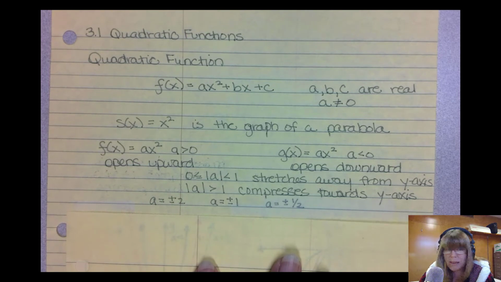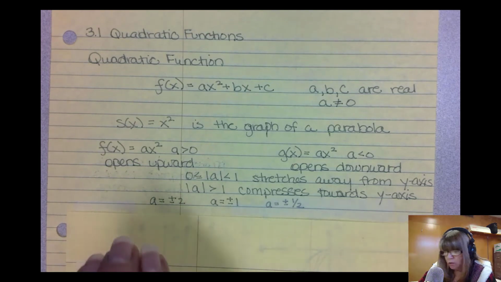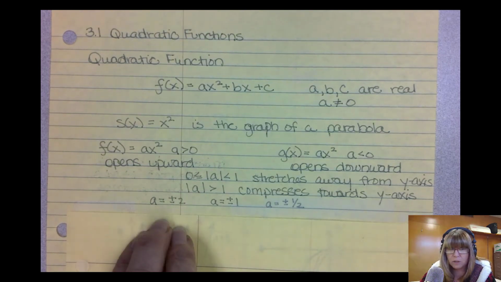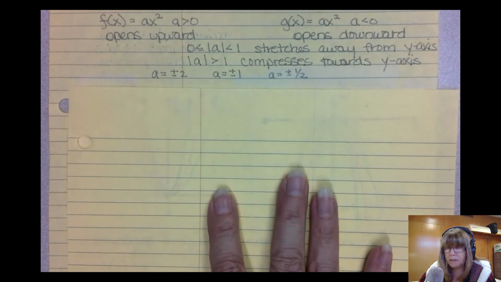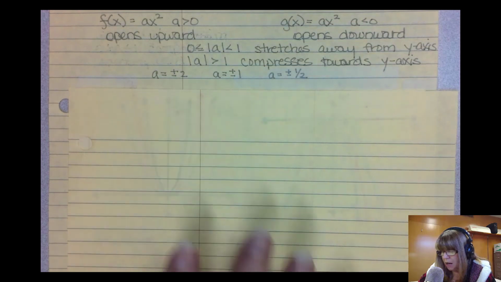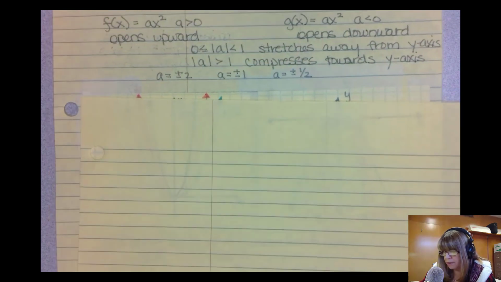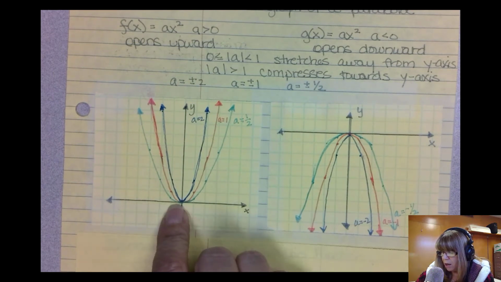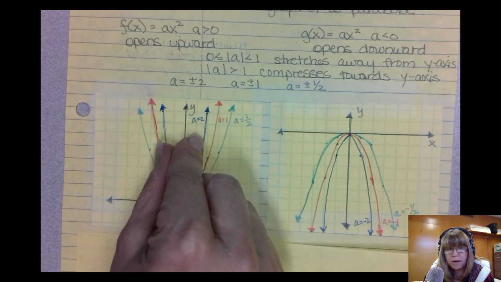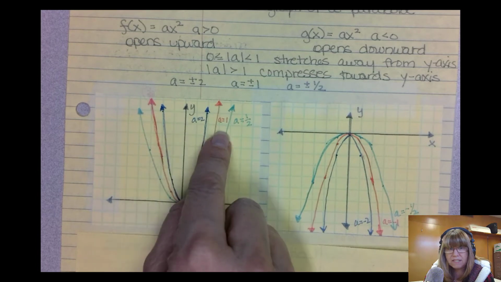And here are the graphs that come about. I'm going to graph the positive values on the left and the negative values on the right. When a is positive, it better open up, hence doing it all on one graph. All right, here we go. When a equals 2, it's compressed more towards the y, versus a equals 1.